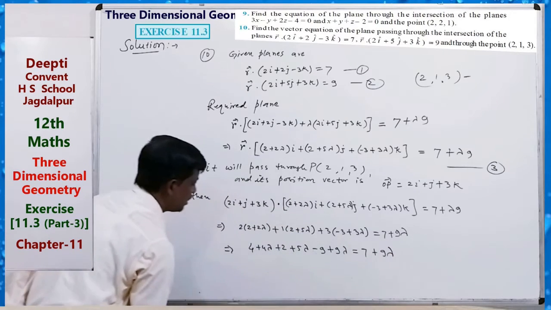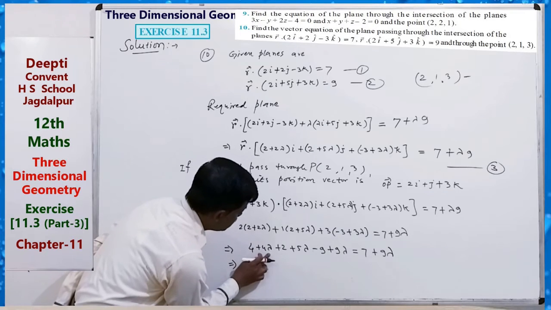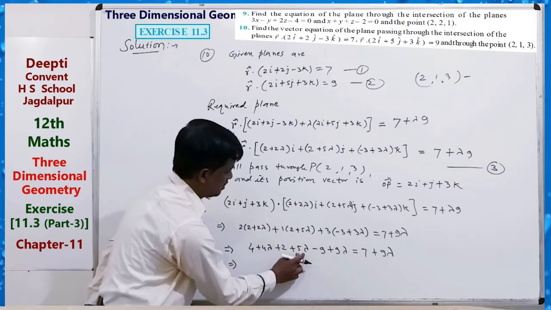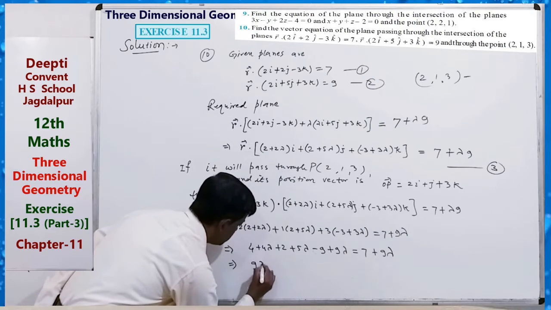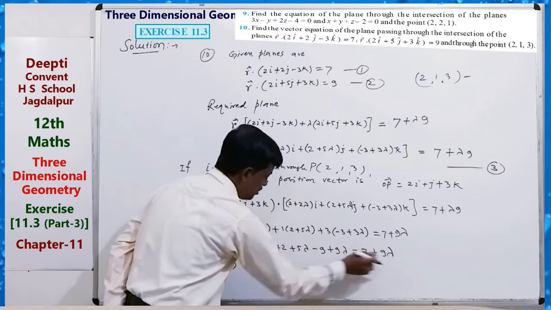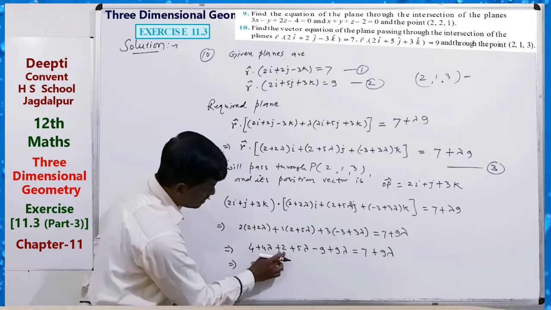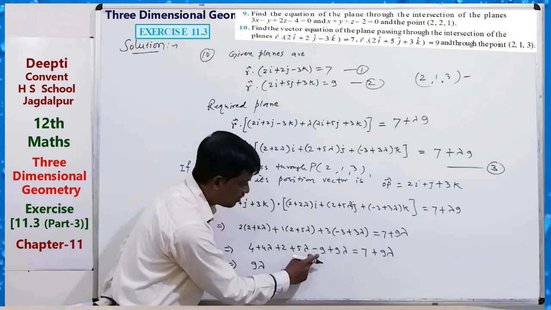The 9 lambda terms cancel. Then 4 + 2 - 9 is minus 3.